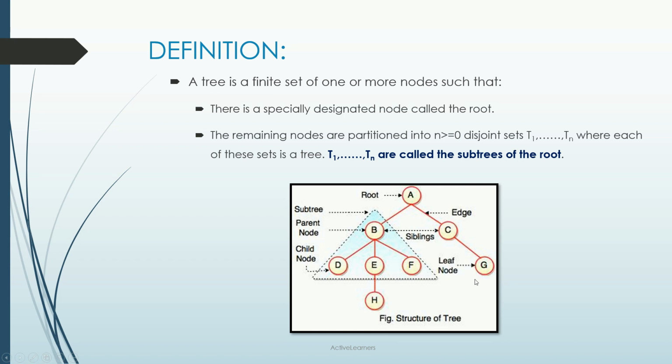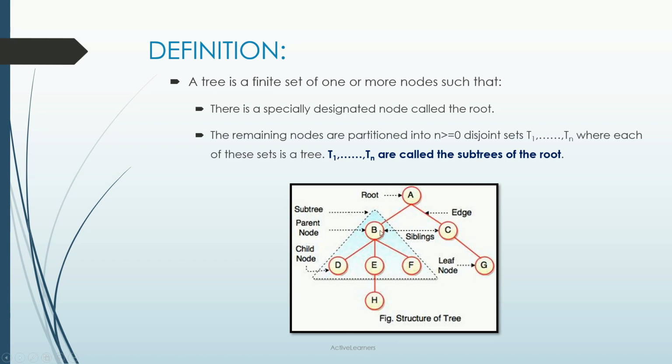And what are the non-terminal nodes? The nodes which have a degree will be called non-terminal nodes. What do you mean by degree? For example, the degree of the node H is 0 because it does not have any branches.